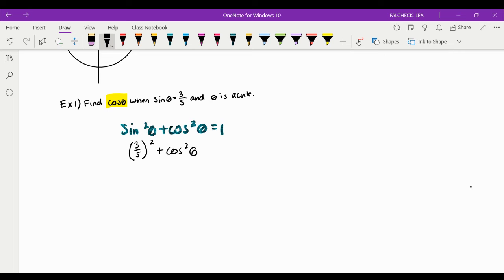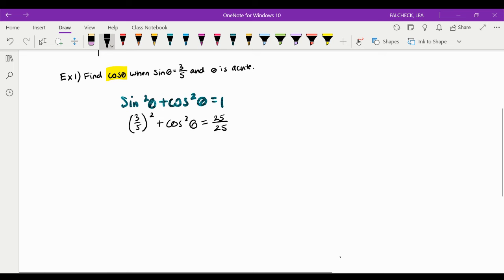Cosine squared theta, we don't know what that is yet. And I'm just going to write a smart version of 1 here. I'm going to write it as 25 over 25, because I know I'm going to have to subtract that 9 over to the other side, right? I'm going to get 9/25.